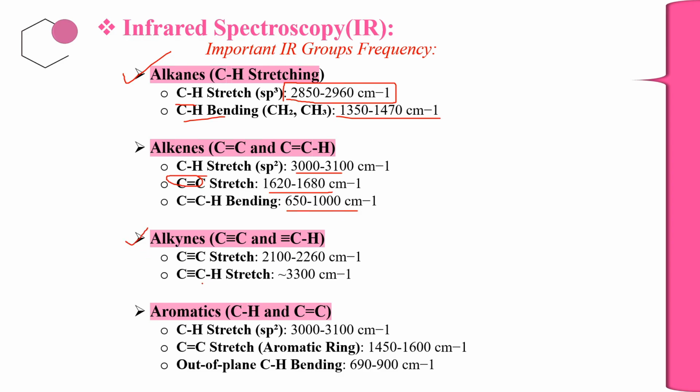For alkynes, the C-H stretch is 1300 centimeter inverse, and the C≡C triple bond stretch is 2100 to 2260 centimeter inverse. Now aromatic peaks are very important. For the aromatic ring, the C=C double bond stretch is nearly 1450 to 1600 centimeter inverse. This value is very important.